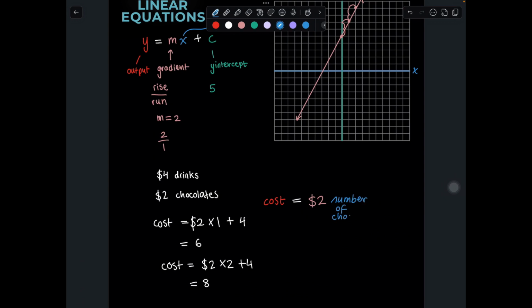And then our y-intercept is 4, because we've already spent $4. So you can see how our graph has this equation. Okay, so that's what our equation is. This is how many chocolates we buy. This is how much each chocolate costs, so how steep our graph is. This is our y-intercept, and this is our output, or our cost.